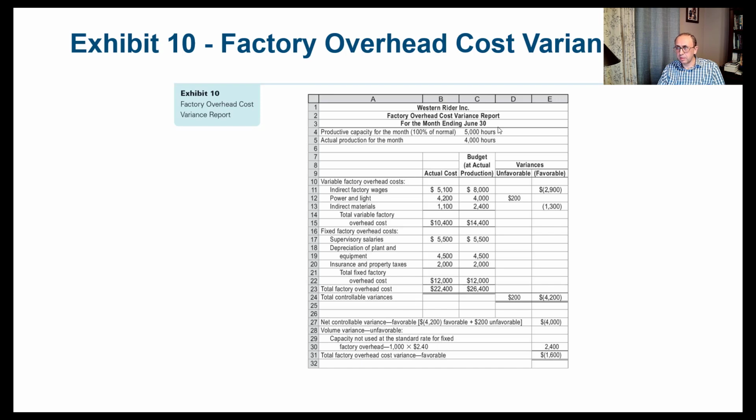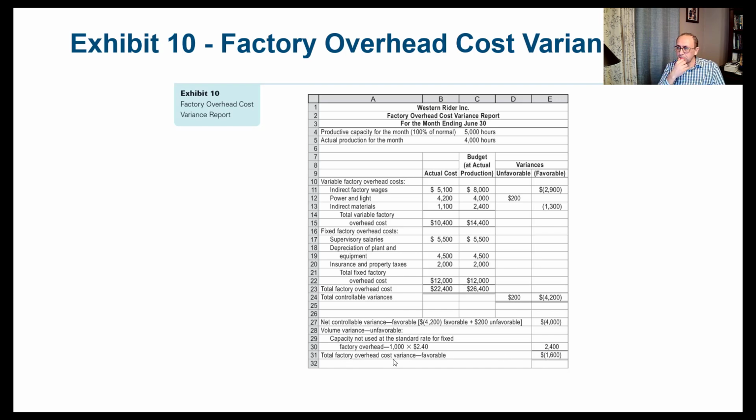Remember the difference between the 5,000 and the 4,000, that's 1,000, multiplied by the fixed factory overhead rate, which is $2.40, and that turned out to be a positive 2,400. If we combine the net controllable variance with the volume variance, which is a minus 4,000 plus a positive 2,400, that will give us a minus 1,600, which is a favorable total factory overhead cost variance.